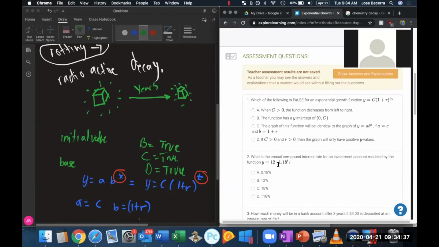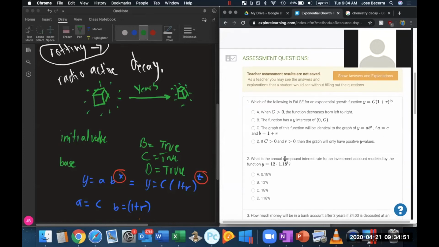Okay. Now let's see. What is the annual compound interest rate for an investment account modeled by the function 12 times 1.18 to the t power? Now, this is asking what is the interest rate of 1.18 to the t.